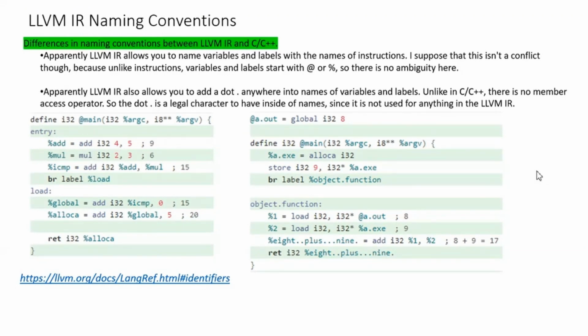So apparently, it's not a conflict though, because unlike instructions, your variables and labels start with @ sign or a % sign. So there is no ambiguity here between add, for example, and %add. Add corresponds to an instruction.